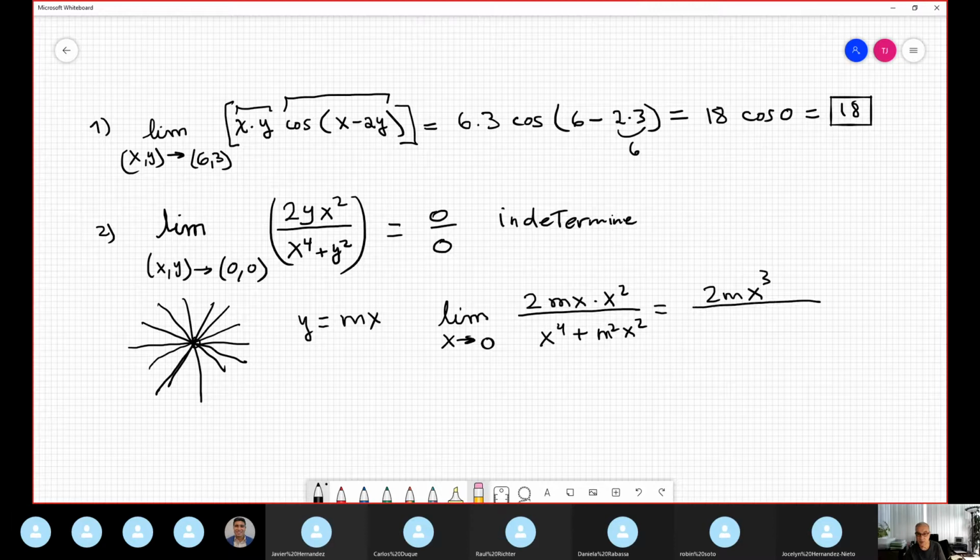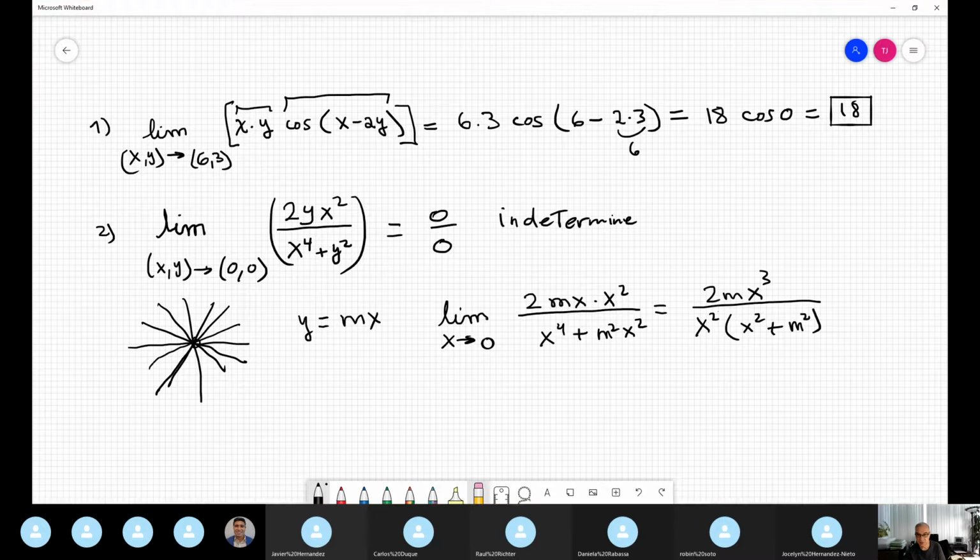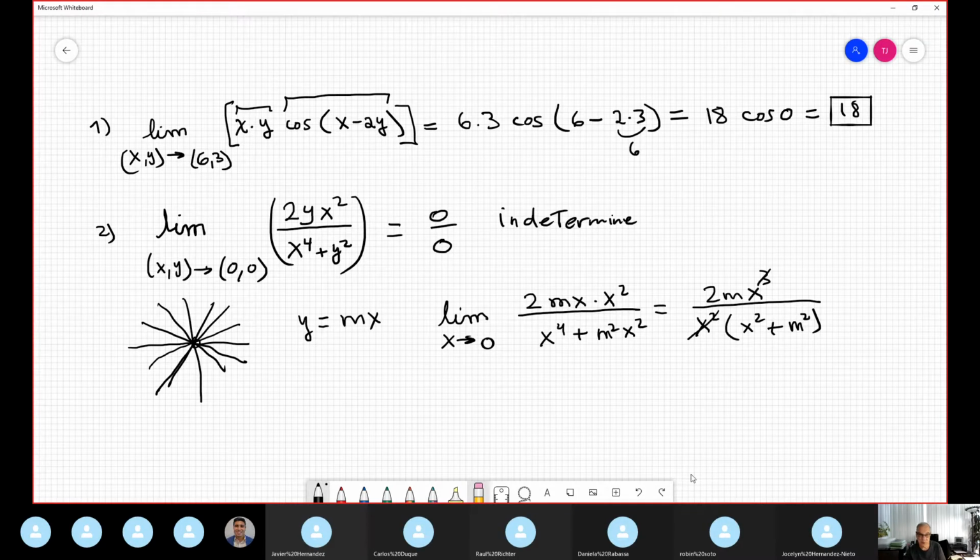In the bottom we have x to the 4th plus m squared x squared; you factor out x squared because it's a common factor, so we have x squared plus m squared. And you cancel out, for example, x squared here. The limit, as x approaches 0, of 2mx divided by x squared plus m squared.